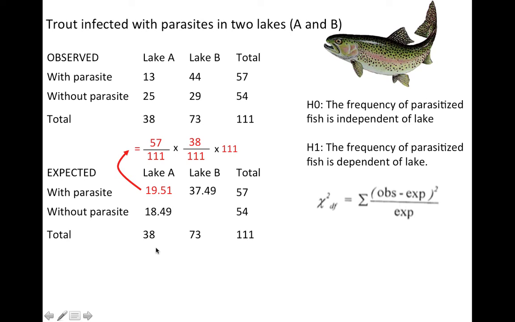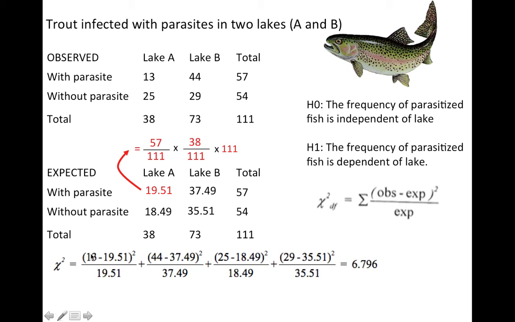And similarly, in this position, we have 38 minus 19.51, which is 18.49. And here, 73 minus 37.49, which is 35.51. And now we have all the numbers we need to get our chi-square statistic.